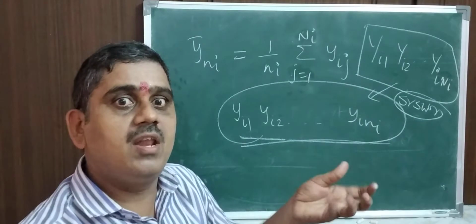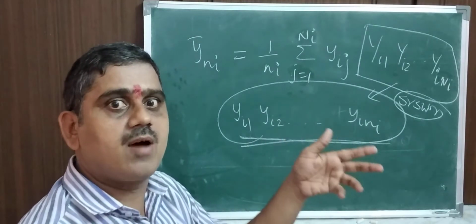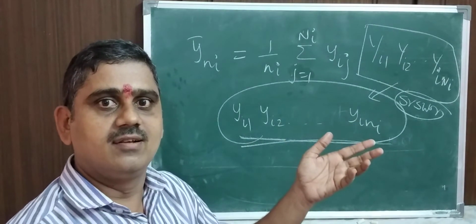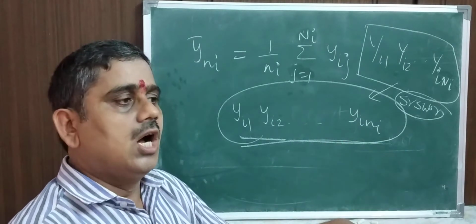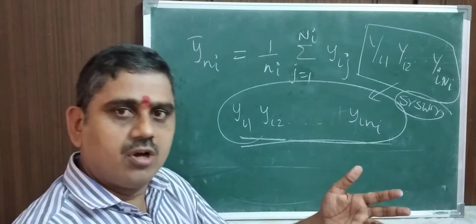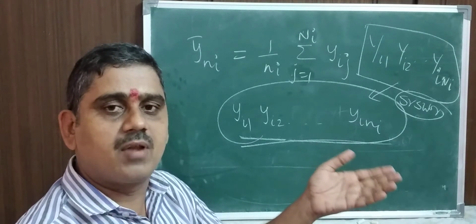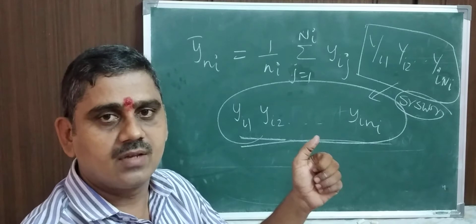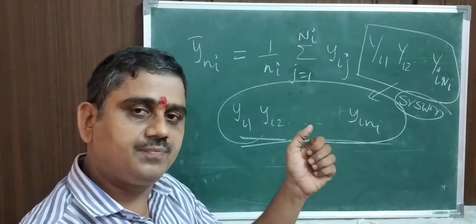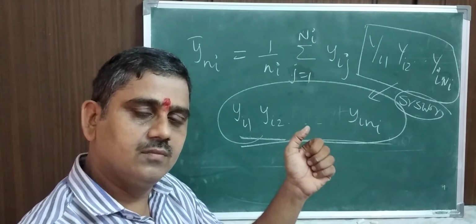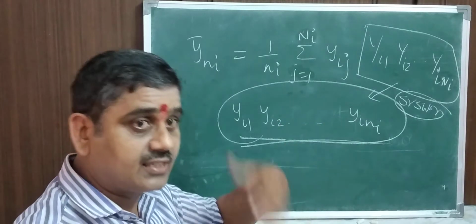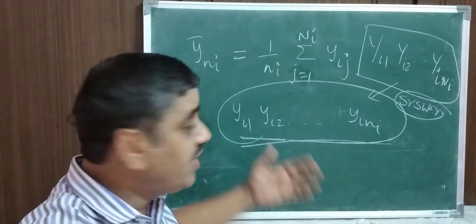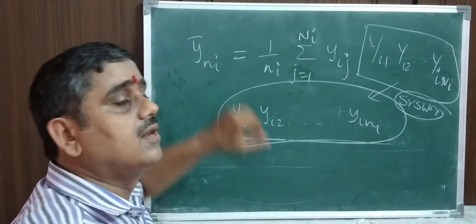There we state very simply that the expectation of small y bar ni is equal to capital Y bar Ni, because it was already proved in simple random sampling, the SRSWOR technique. By using the SRSWOR technique, it is already proved. So therefore we consider it there. That is the reason why I am specifying that it is a simple random sample.